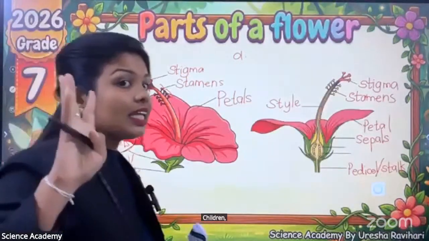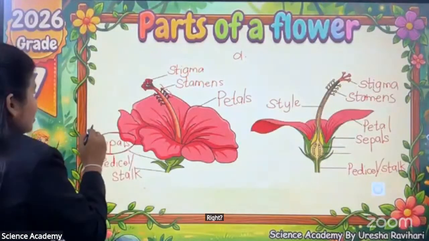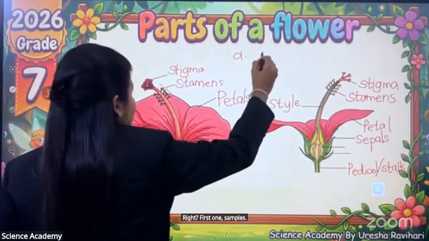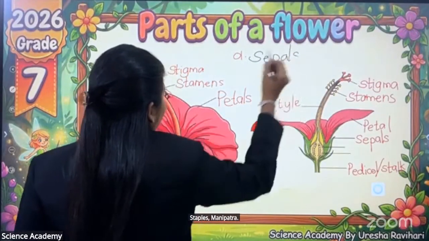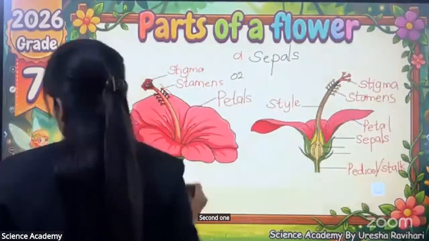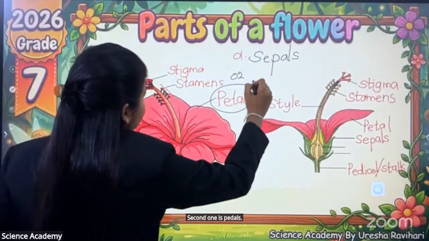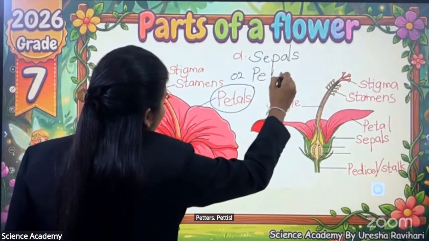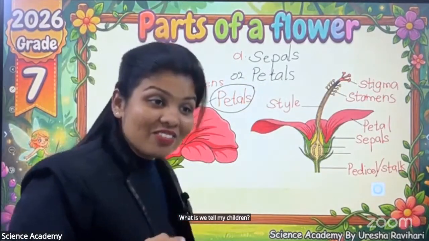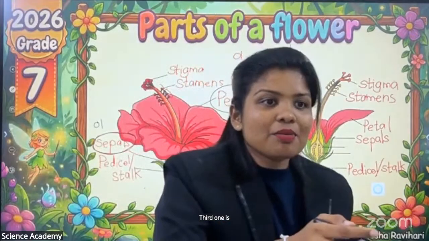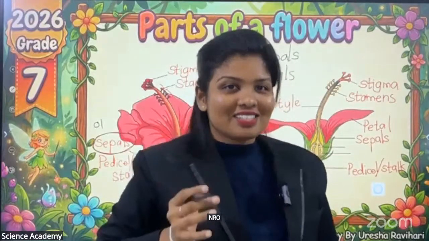Children, there are three typical parts of the flower, right? First one, sepals. Second one, what is that? Second one is petals. What is the third one, children? Third one is androecium or gynoecium.